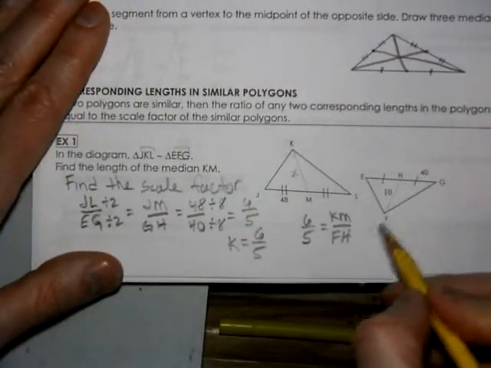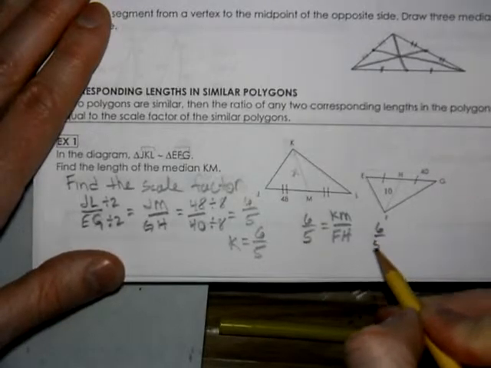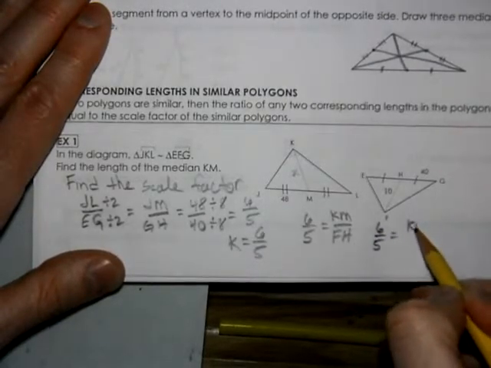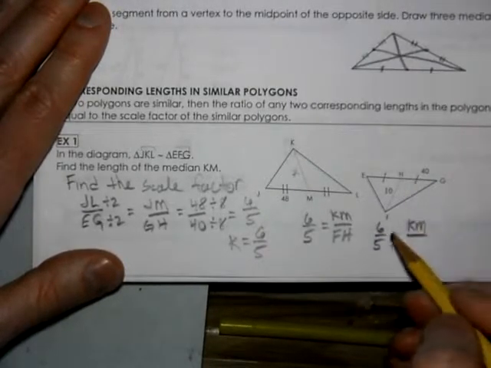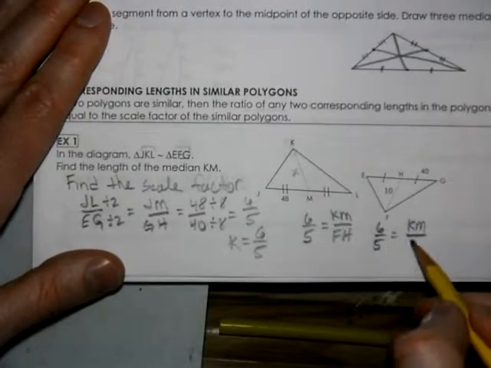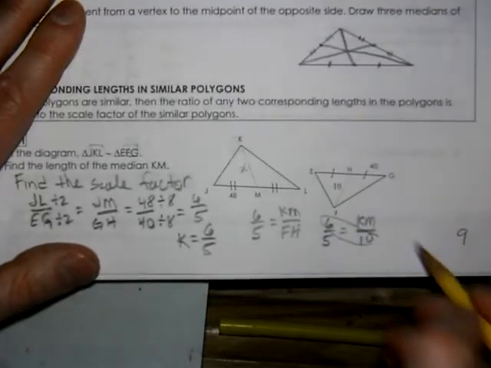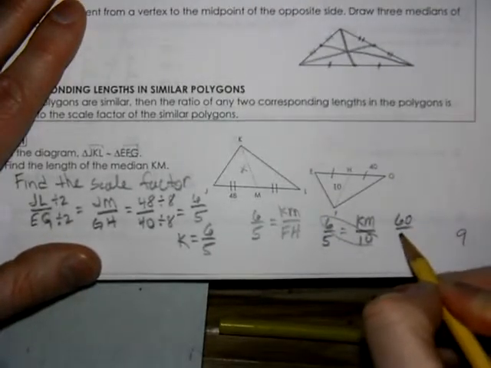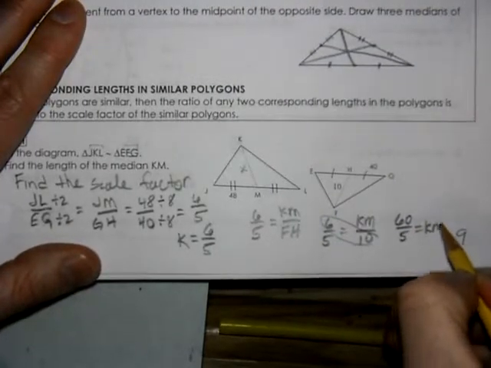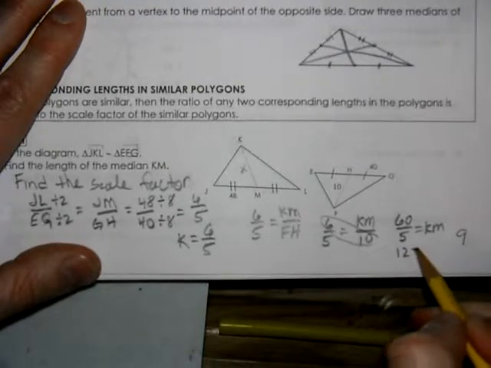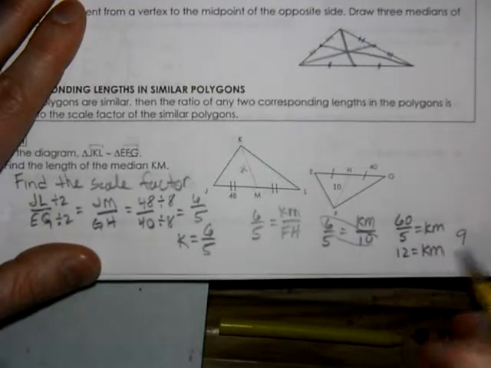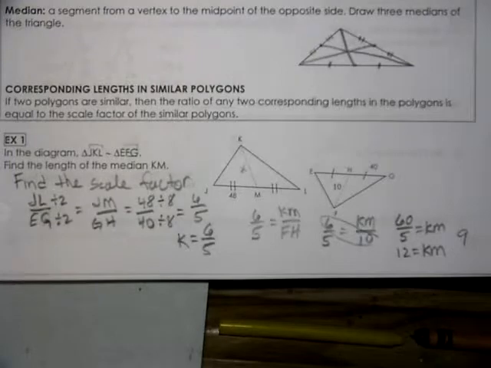So we don't know what KM is, but we do know what FH is. That's 10. So we'll be able to multiply by 10 to get 60 and figure out that 12 equals KM. 12 is the median.